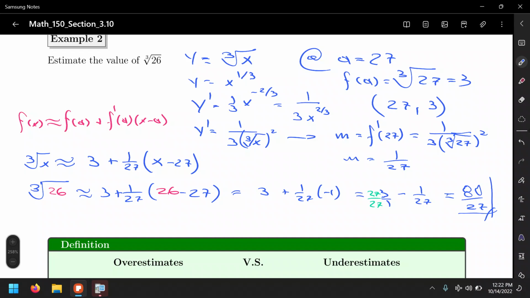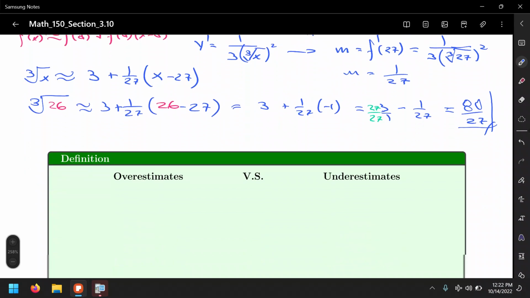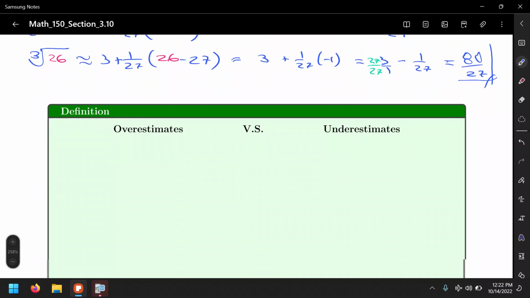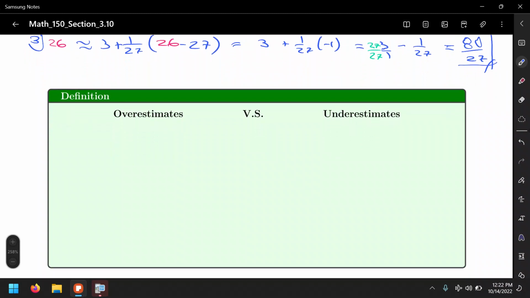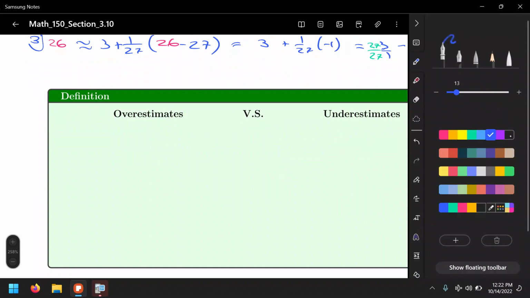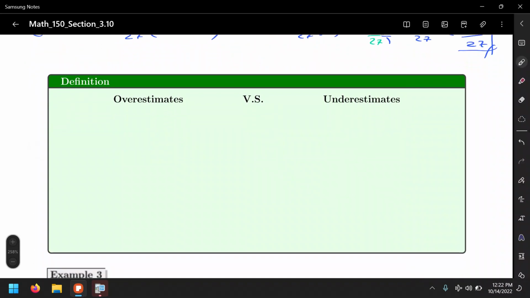Now, one of the things that we want to look at when it comes to doing these approximations is to have an idea of whether these approximations are overestimates or underestimates. For example, how are we going to know that? Well, let's look at the graphic approach.